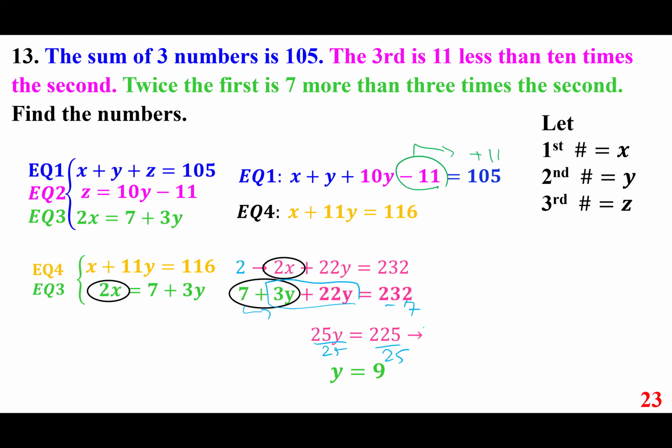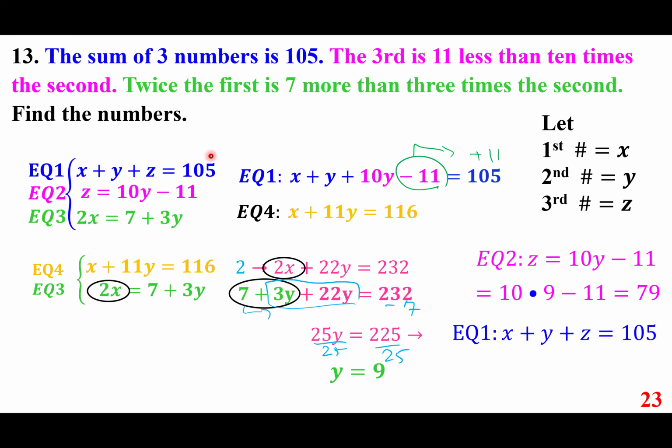Now, if I go to this one, z is 10 times y minus 11. So I'm going to use equation 2. 10 times 9, 90 minus 11, 79. Either way, I can go to this one or I can say x plus y plus z is 105. Either way, one of the original equations.